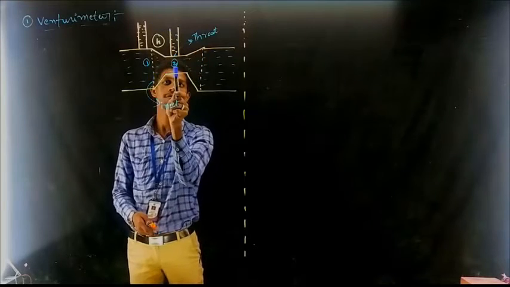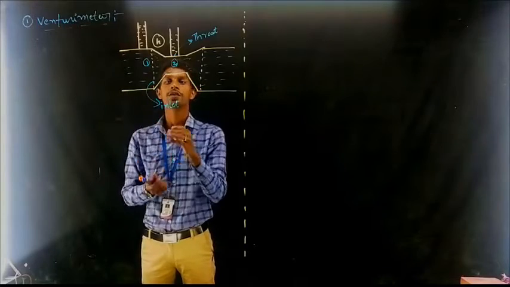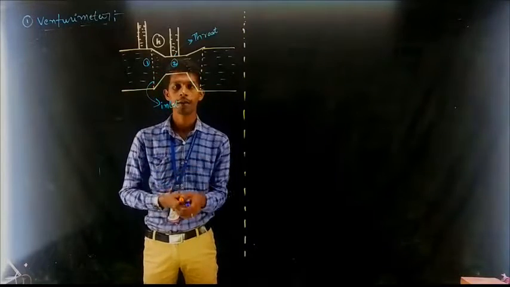These are the two points where we calculate the pressure difference so that we can measure the rate of flow through the pipe.